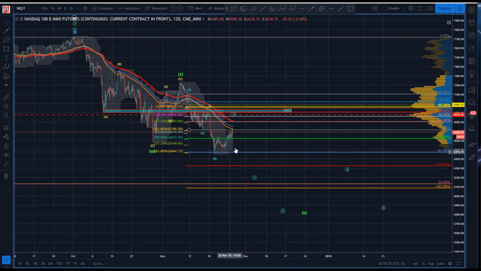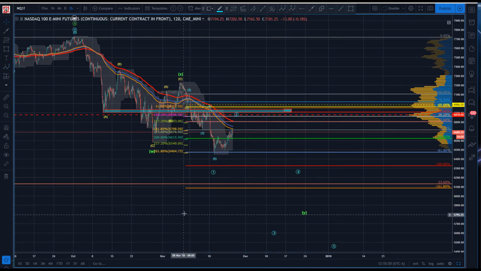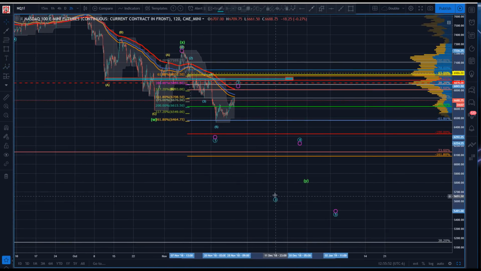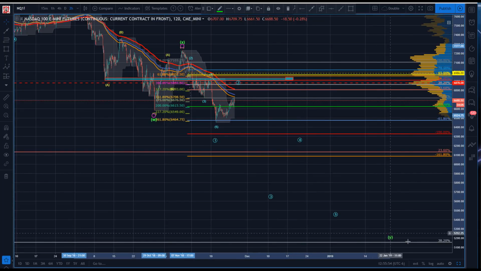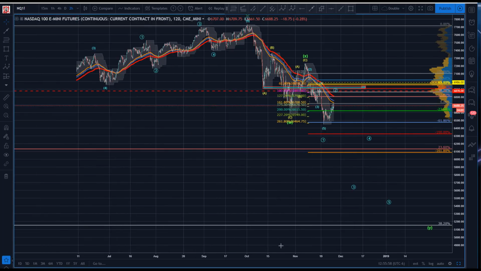So then you think, well, what's the other alternate? Well, this could be just the one wave of the A wave of the larger degree. So that could, well, let me do it this way. So this could be 1, 2, 3, 4, 5. A wave, possible. This has got to go way down here. And then you look at it and you think, well, does that scale fit?